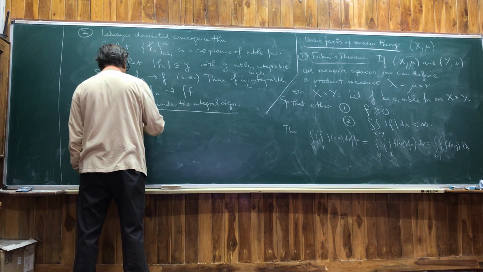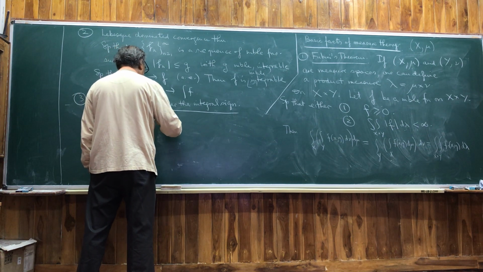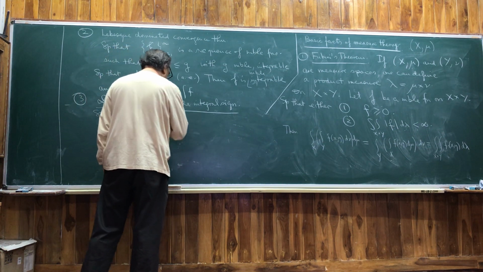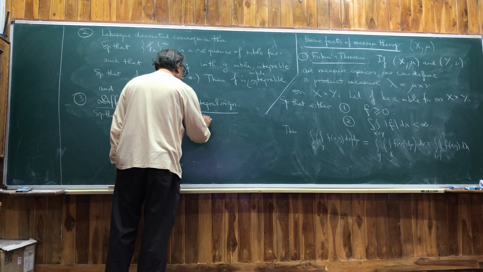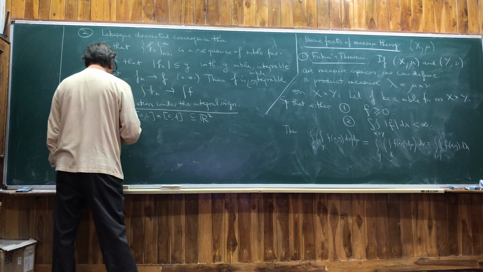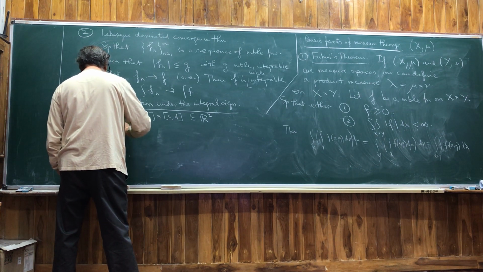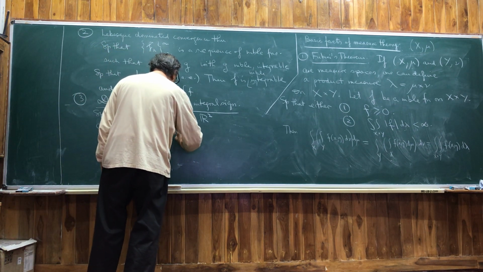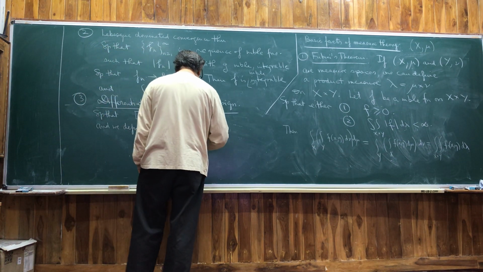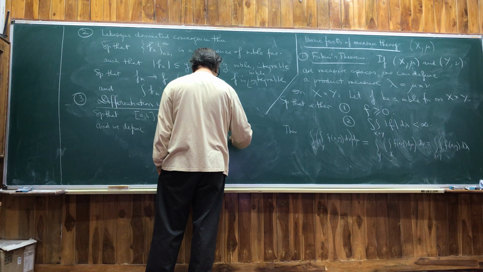Suppose that we have an interval A, B cross C, D, say, in R2. And we define g of y to be the integral from A to B of f of x, y dx.